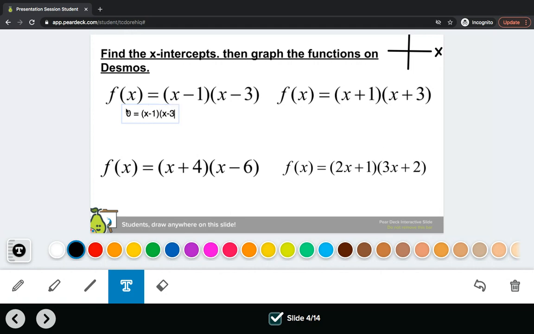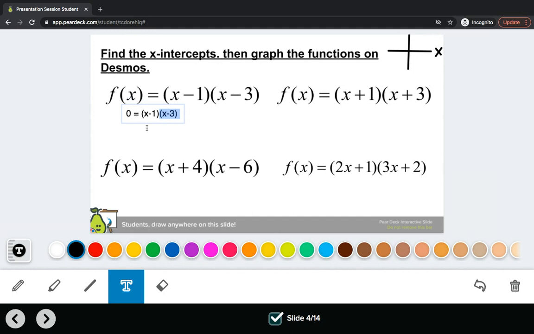We've talked about this in the last chapter, that if we have something, we can call it quantity A, times quantity B. If we're saying A times B is equal to 0, what do we know has to be true? What's the only time that we can get 0 when we multiply? What has to be true about one of our numbers?